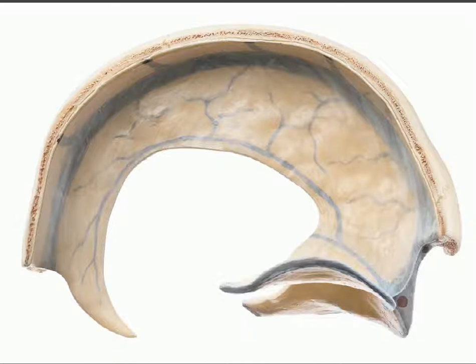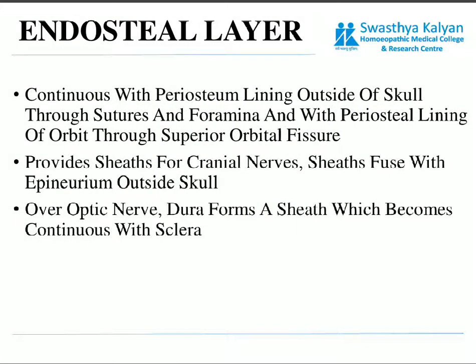This image is basically showing one of the foldings of the dura mater. First is the endosteal layer of the dura mater. It is the layer which is continuous with the periosteum lining the outside of the skull.